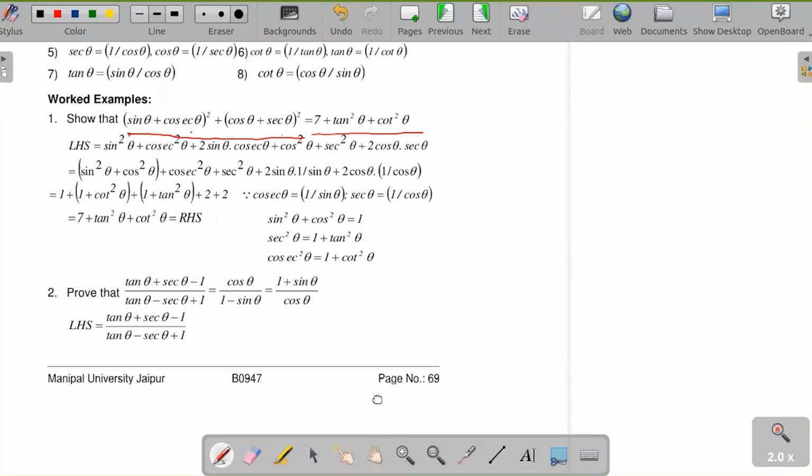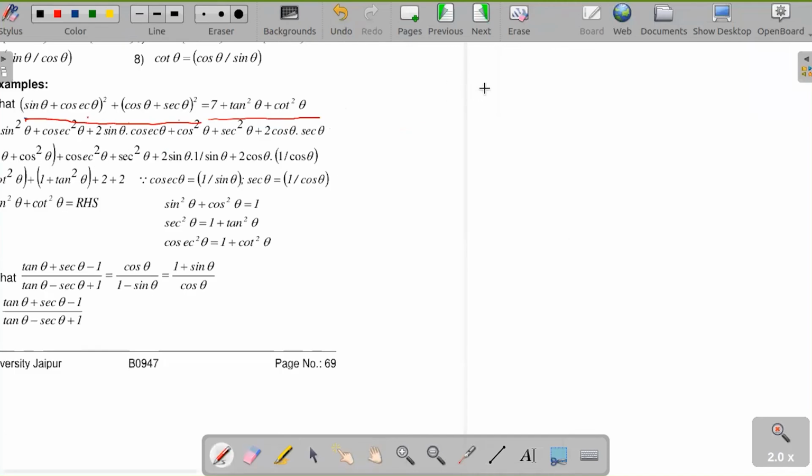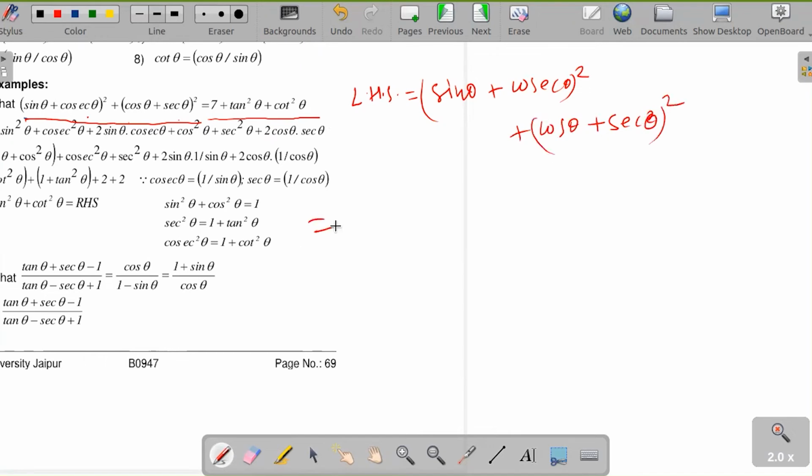So let's say LHS is equal to sine theta plus cosec theta whole square plus cos theta plus sec theta whole square. Let's break it using the formula of a plus b whole square, which is a square plus 2ab plus b square.